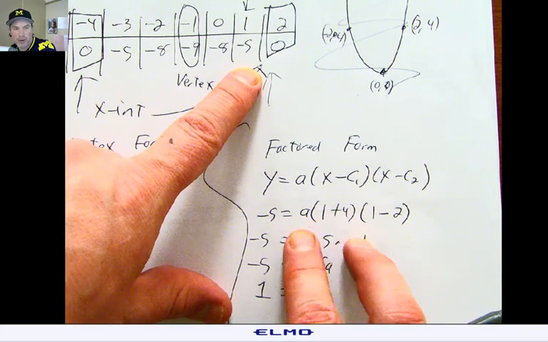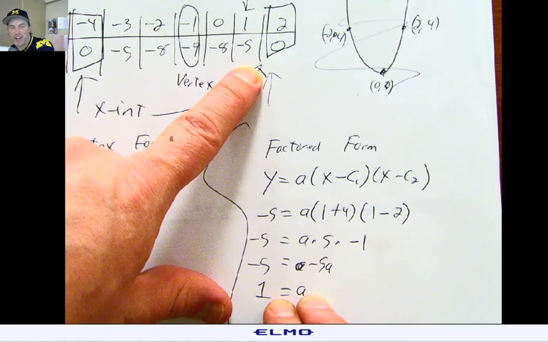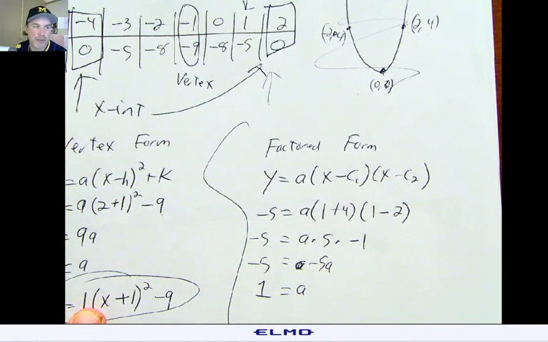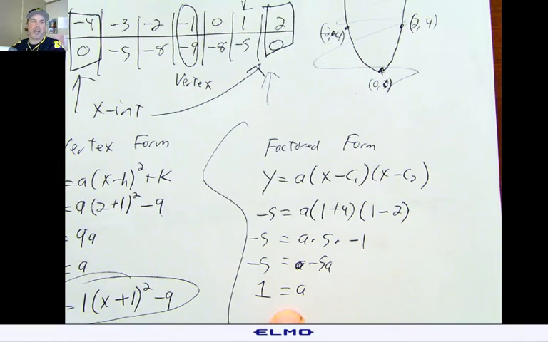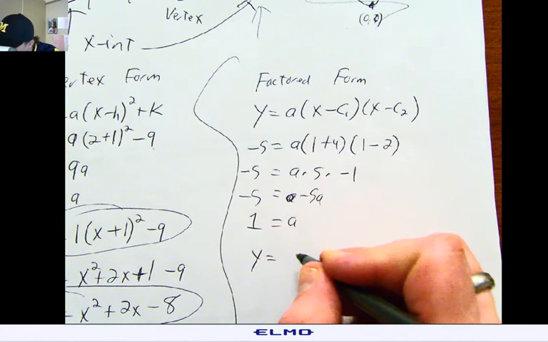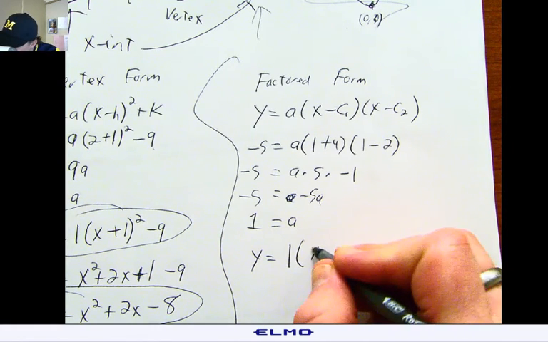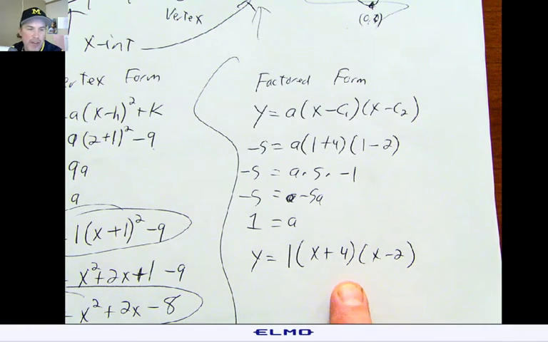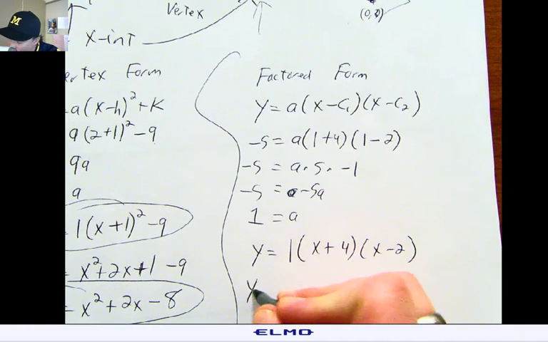And then I algebraically solved for a, and I ultimately got an answer of 1, which, because I got a 1 over here in vertex form, of course I must get a 1 in factored form, because a is always going to be the same value no matter what. So I have 1 times x plus 4 times x minus 2, and that is my factored form equation.